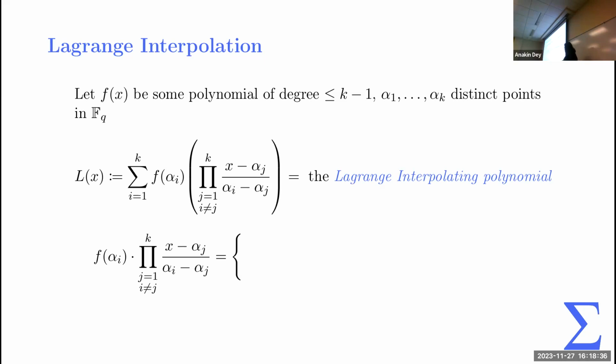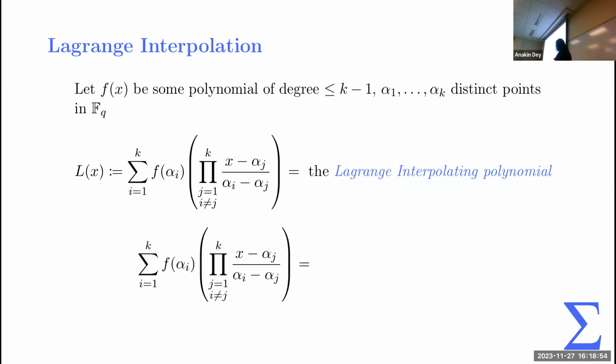All right, so now if I multiply this product by f of alpha I, what is this going to be equal to if x is equal to alpha I? It's just going to be f of alpha I, right? Nothing's changed, and similarly, it's still going to be 0 otherwise. So now this is just the original polynomial we were going towards.